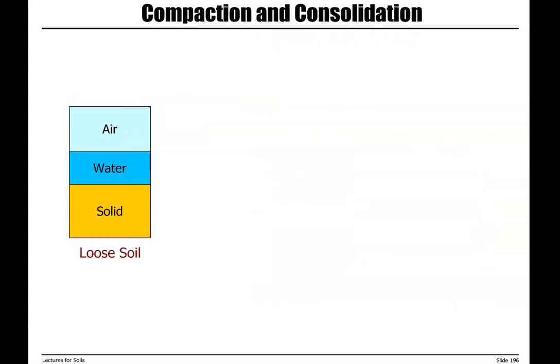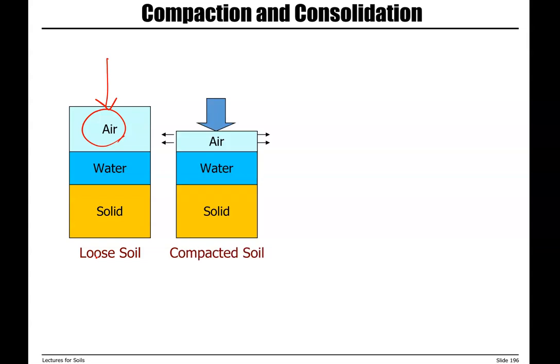And when we compact soil, it means that we remove air from soil using external force. So we have a loose soil sample. Using external force, we remove air from our soil sample, and that is referred to as compaction.